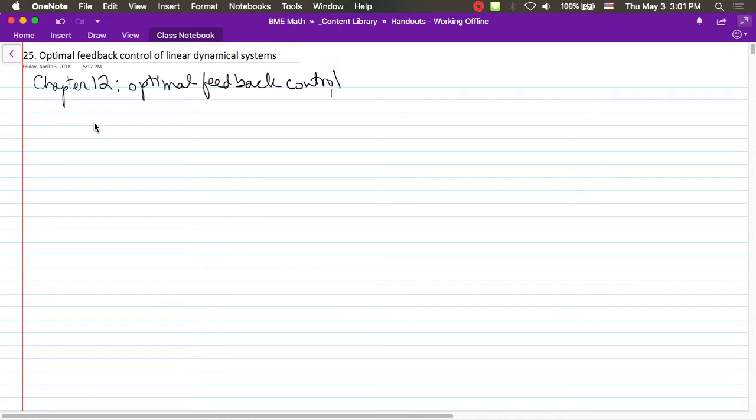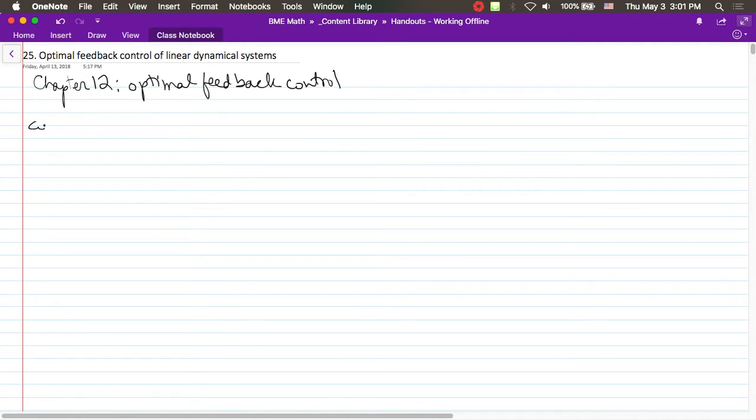So, our final lecture. It's been good having you guys in class. Let's finish our discussion about how we solve control problems where we have a final goal that we would like to achieve, and we want to get a control policy, which means we want to know what to do at every state, at every time point.